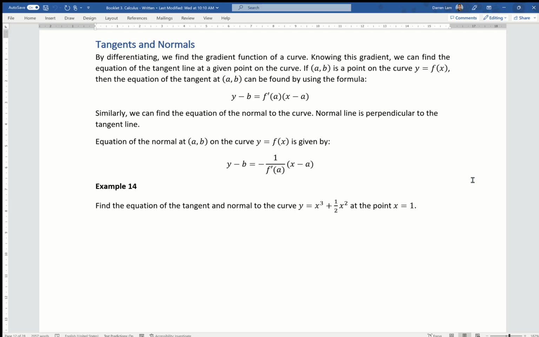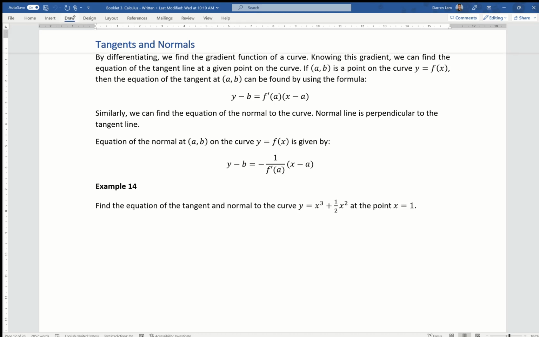But the other concept we're focusing on is tangent and normal graphs. By differentiating, we already know that it provides the gradient function of a curve. Unless it's a linear equation, the gradient changes over time, which is why we have a gradient function, not just a constant. Knowing this gradient, we can find the equation of the tangent line at any given point.